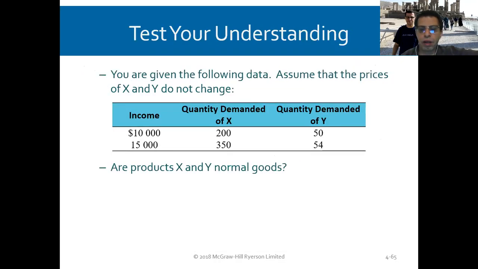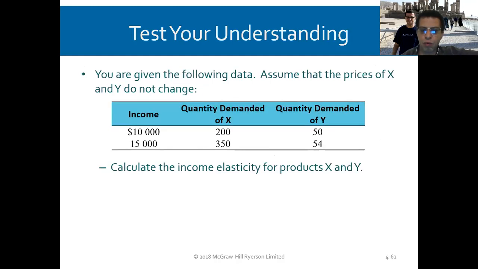Now, I'm not going to go over this because you will be looking at it in the notes I'm going to supply you. Just look at it and see how this works. You are given the following data, assuming that the prices of X and Y do not change.